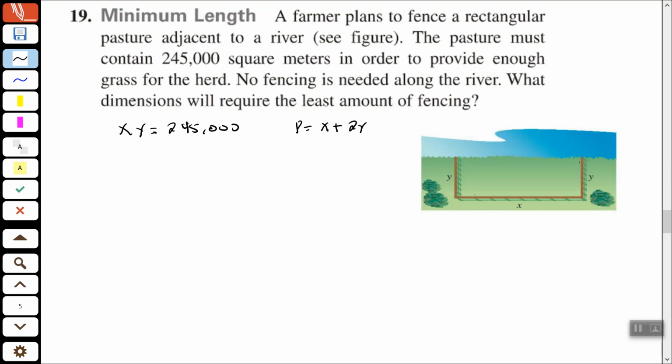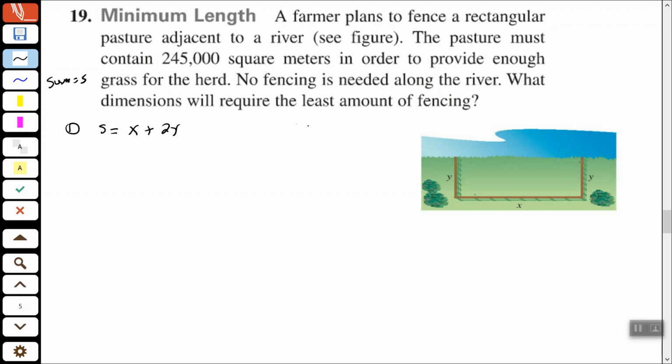Okay, so let's go back in the order that we've been doing this in. Let's start off by writing our optimized equation. The optimized equation is the perimeter, and we'll just call it the sum. So let S equal the sum of those sides, which is x plus 2y. So S equals x plus 2 times y.